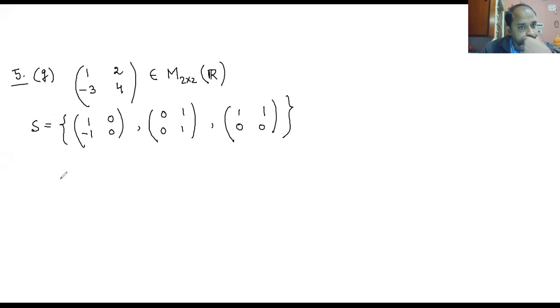And you see that I have to check whether this can be expressed as span of S or not. So let us select scalar quantities A. Let me write it properly. Okay, so I'm going to express this vector as a linear combination of these vectors.